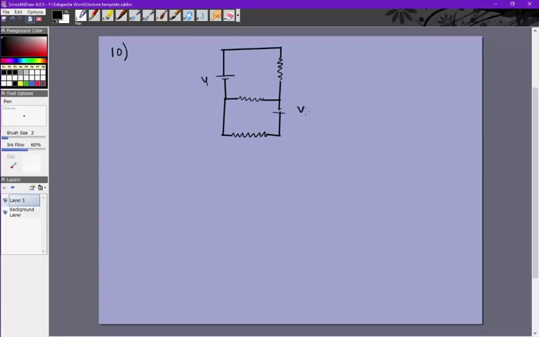This is V1, this is V2 with polarity opposite to that of V1, R3, R2, R1. So two ideal batteries, three resistances. We want the current in resistance R2 to be 0. The current in this resistance to be 0.